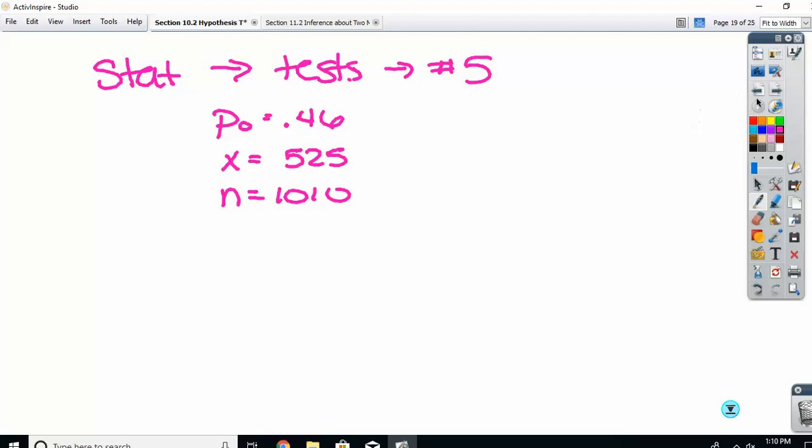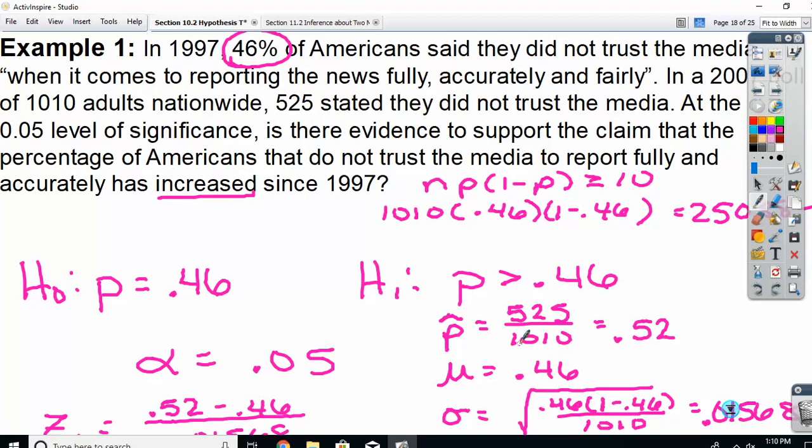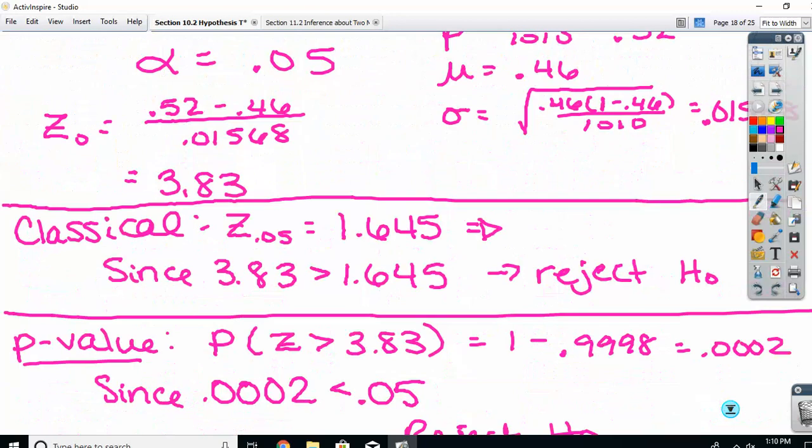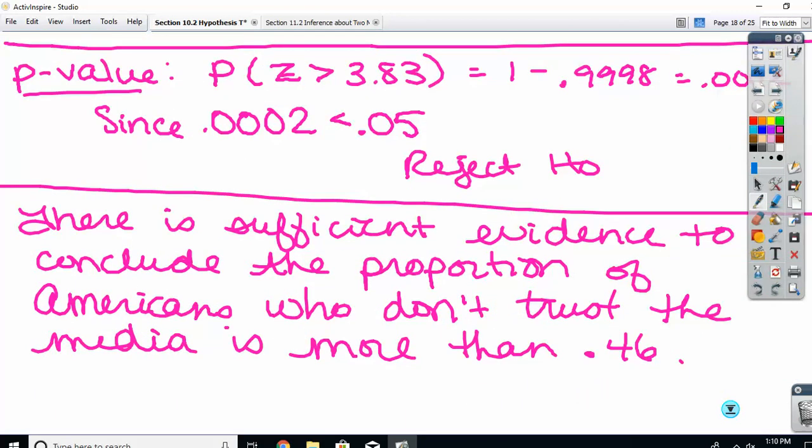Okay. When you do that, your calculator tells you a p-value of 6.8586 e to the negative 5.